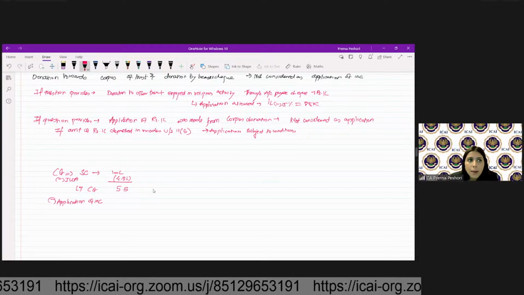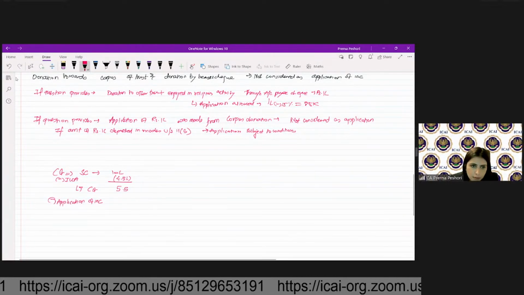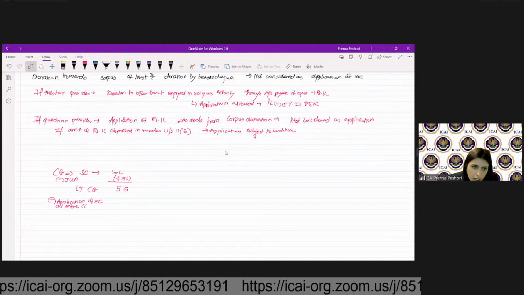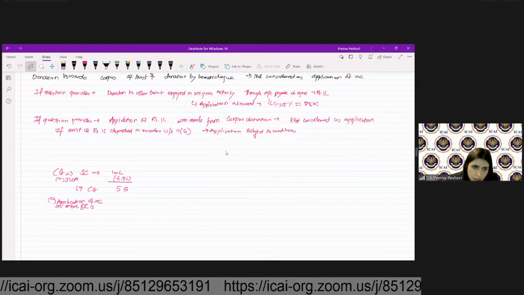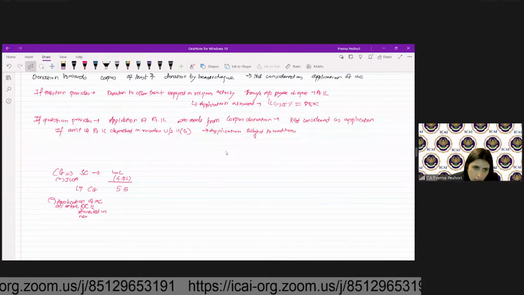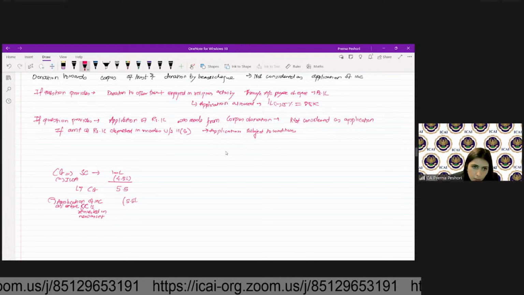So entire capital gain will be considered as my deemed application. Entire sale consideration is reinvested in new asset. So application of income will be 5.